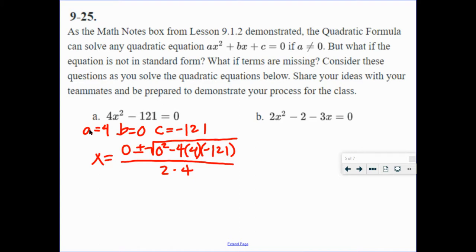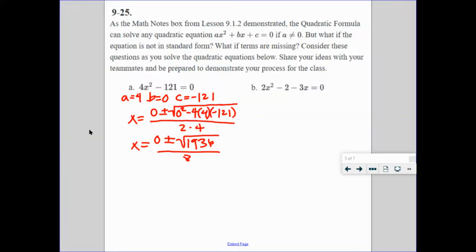And when we write this out, under the radical you should get x equals 0 plus or minus the square root of a bigger number, 1,936, all over 8. And this is when we split it off. So we have our two equations. We have x equals 0 plus.